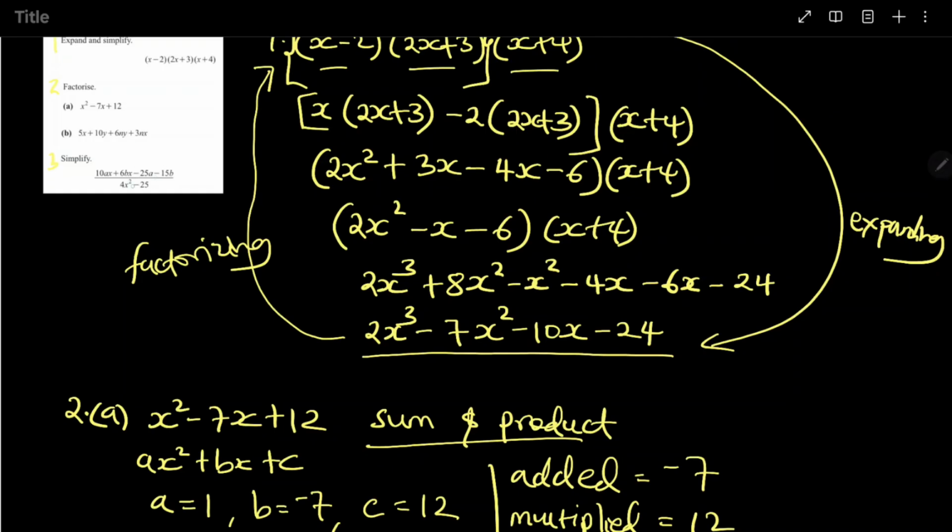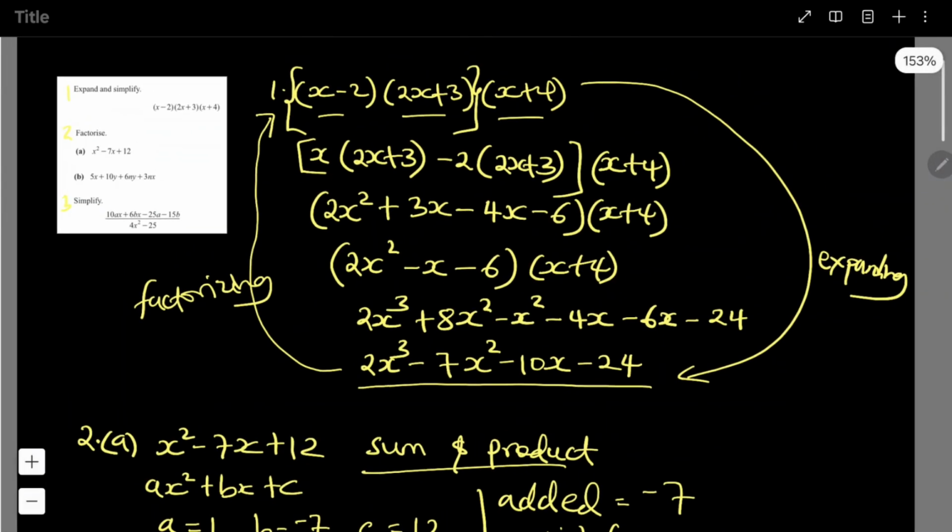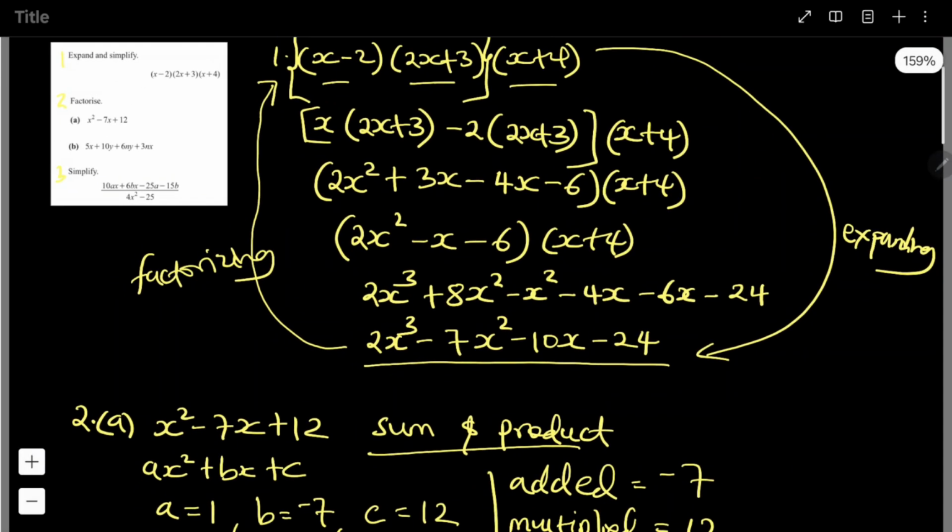And in the denominator side, remember the number in the previous video that I gave you that had a difference of two squares. You realize that there is a square here, and there is a subtraction in the middle, and there is a 25. So whenever you see a minus in the middle and any other number as a square, just know that it is a difference of two squares.